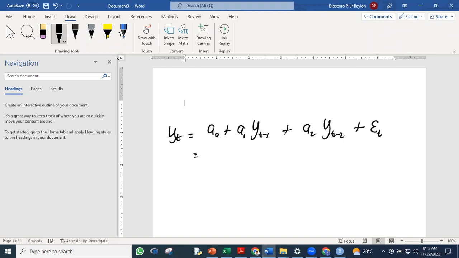Okay. Now this is equal to A sub 0 plus A sub 1. This can be written as L, lag L1 or L plus A sub 2, L sub 2 plus epsilon sub t.